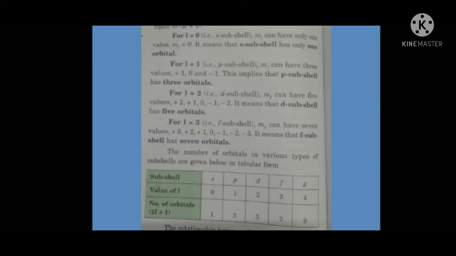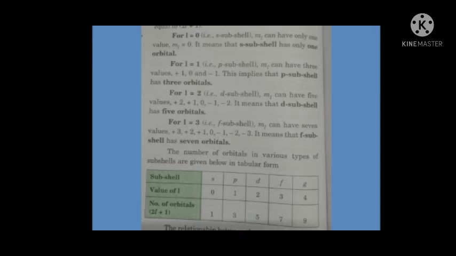So for L is equal to 0, the magnetic quantum number has only one value, that is 0. It means that L is equal to 0 means S subshell, isn't it? So for S subshell, magnetic quantum number has only one value. That means S subshell has only one orbital, that is known as S orbital.